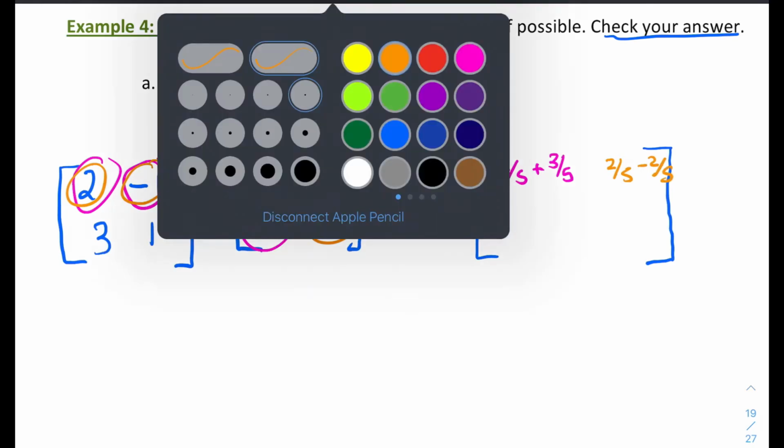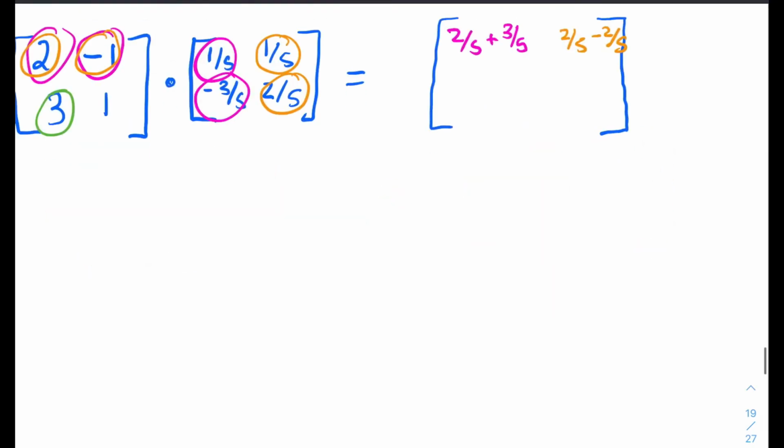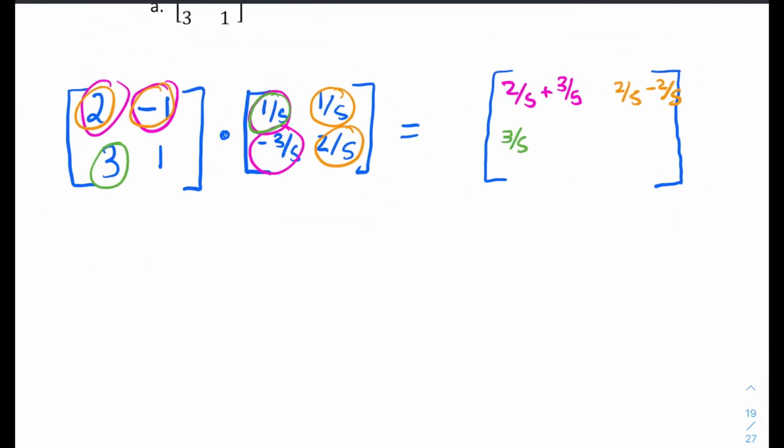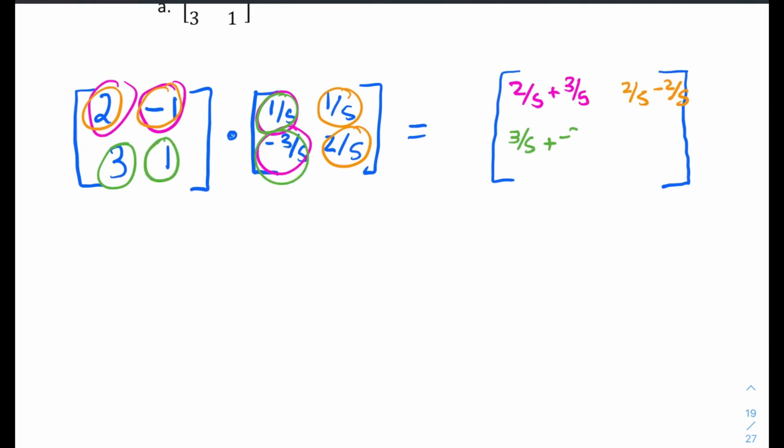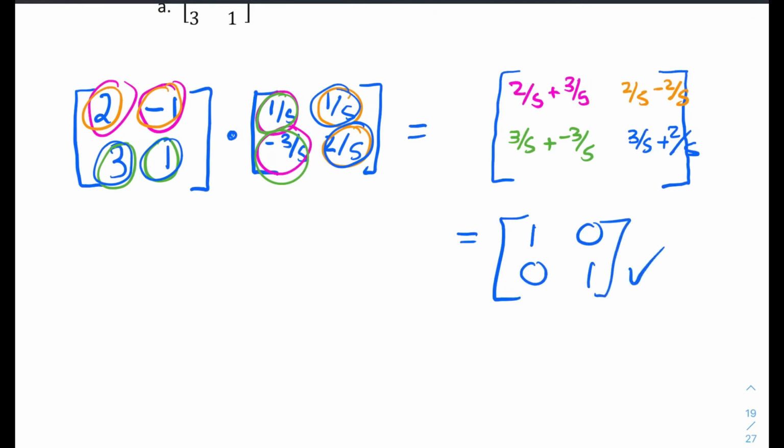It's looking good so far. 3 times 1/5 is 3/5. -3/5. 3 times 1/5 is 3/5, and then 2/5. So you can see if you go ahead and add those together and simplify, you do get the identity matrix back, so our two matrices are inverses.